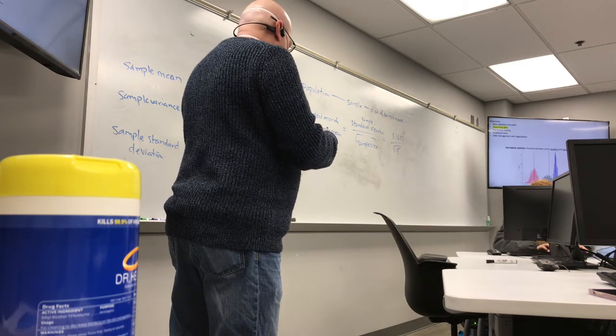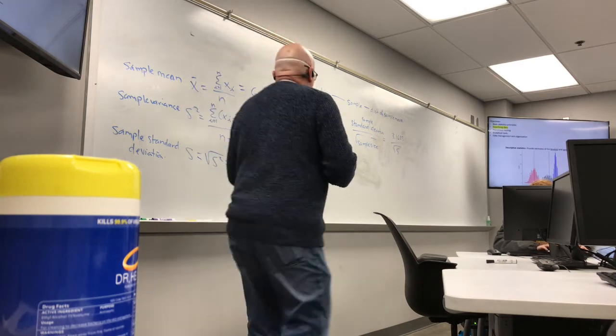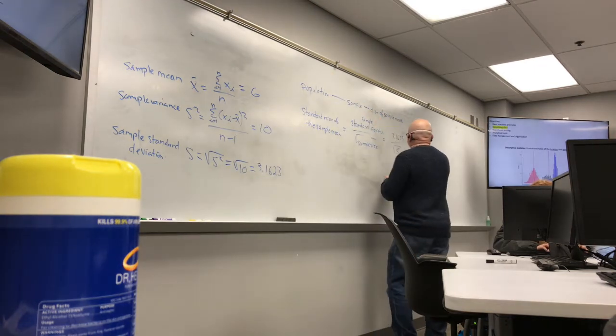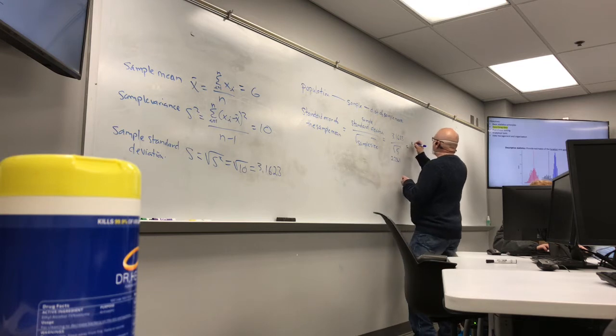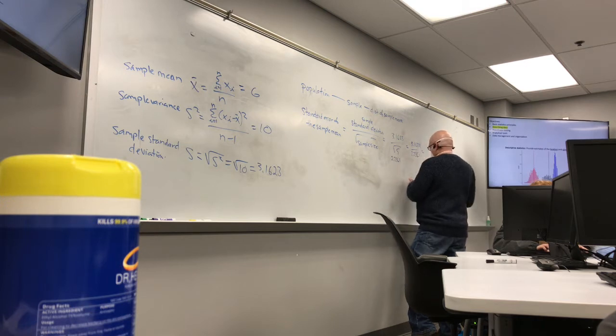Square root of 5 is 2.2361. So this is 3.1623 divided by 2.2361.